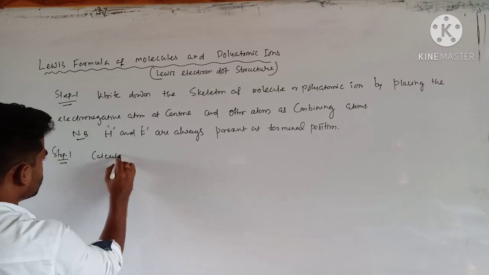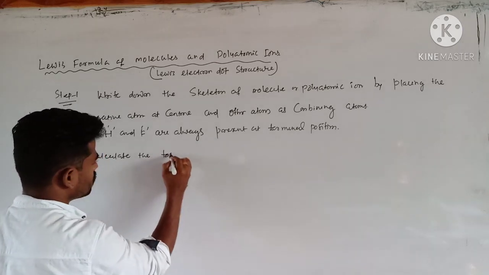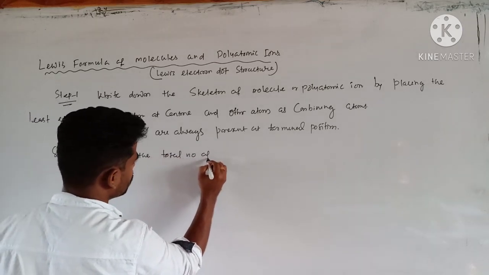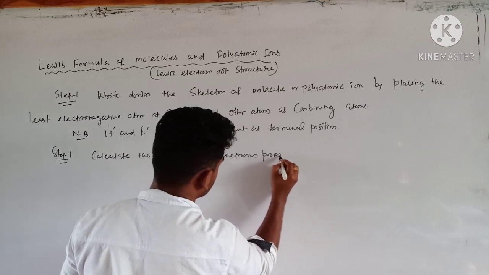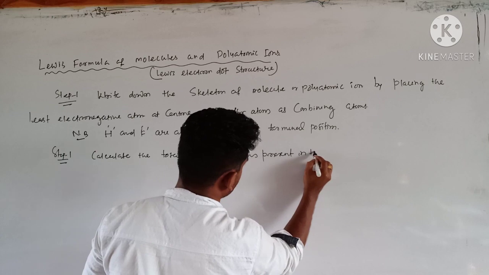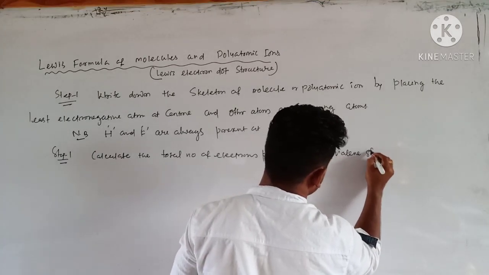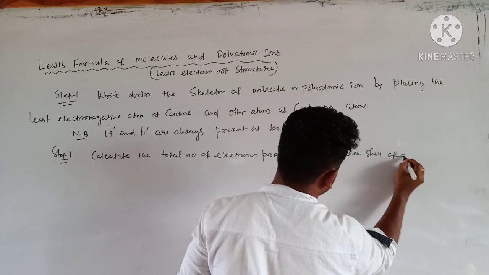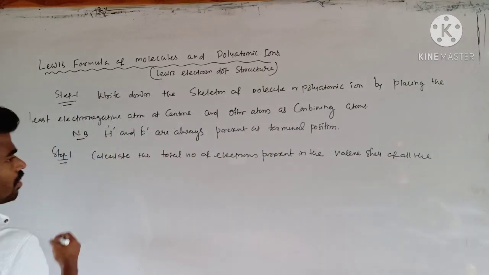Next step, calculate the total number of electrons present in the valence shell of all the constituting atoms.